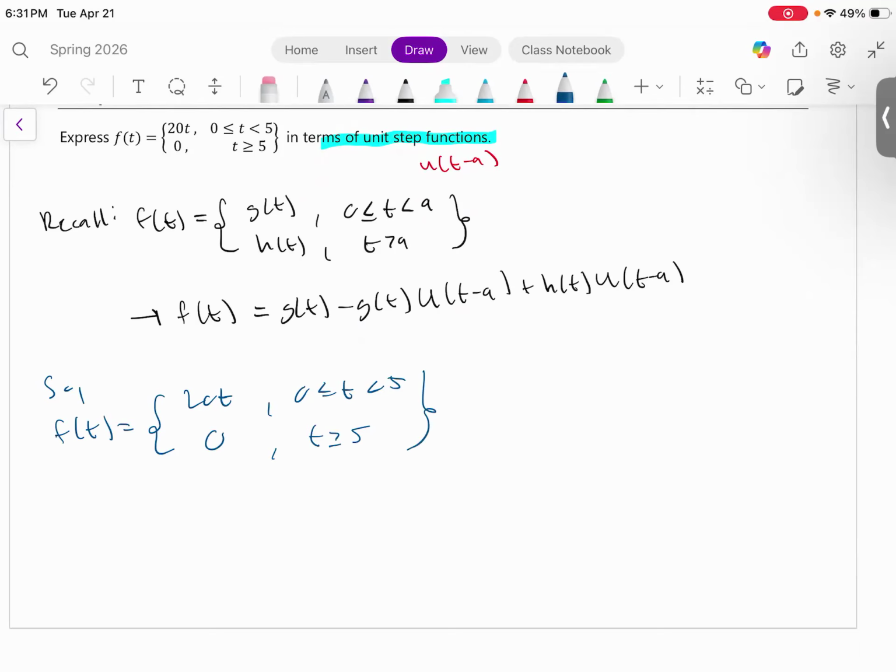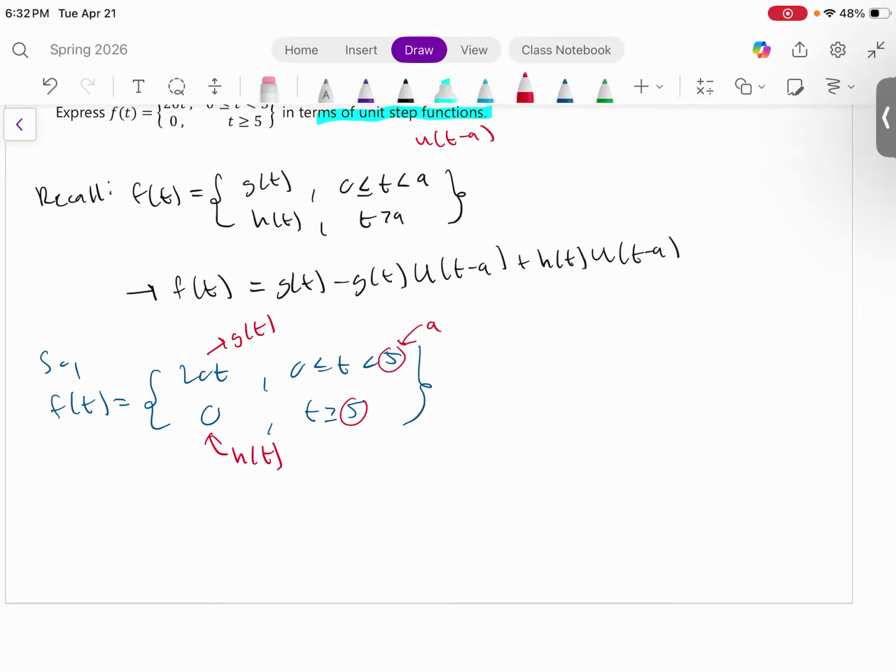Let's pick apart a couple of things. 20t is essentially g of t, 0 is essentially h of t, and 5 is our a.